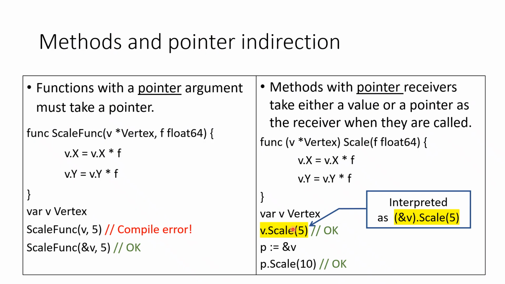But the method scale can be called on the value v as in v.scale(5) because this call is interpreted as (&v).scale(5). The method scale can also be called on a pointer, such as a pointer p, which equals &v.